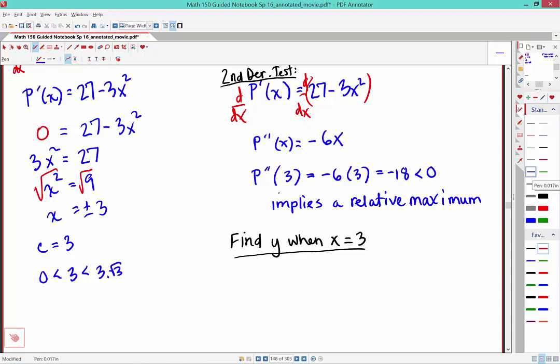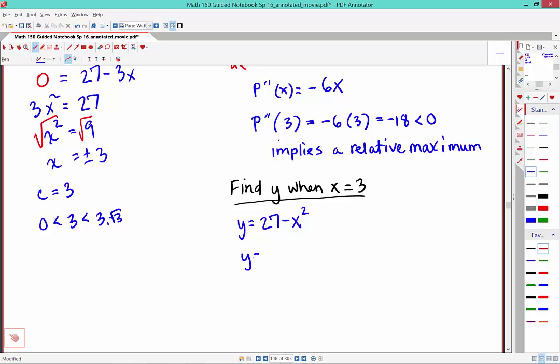So to do that, y was equal to 27 minus x squared. So plugging in x is 3, we'd get 27 minus 3 squared, and this will yield, good, 18.